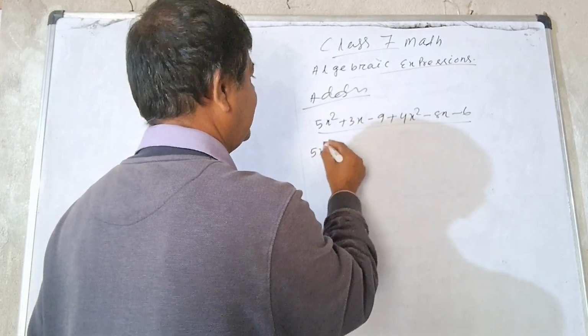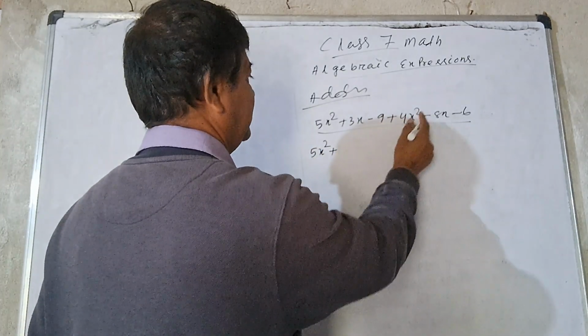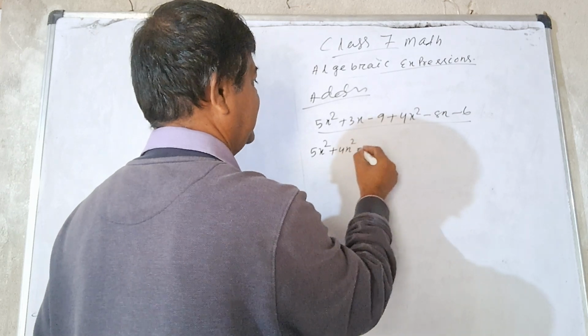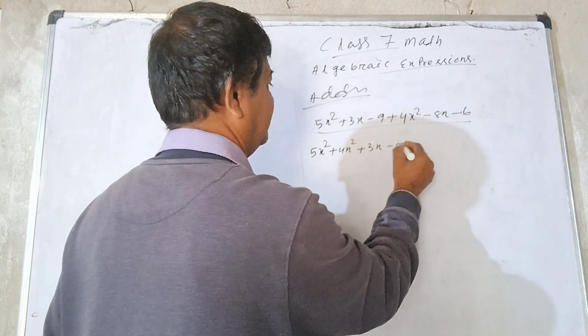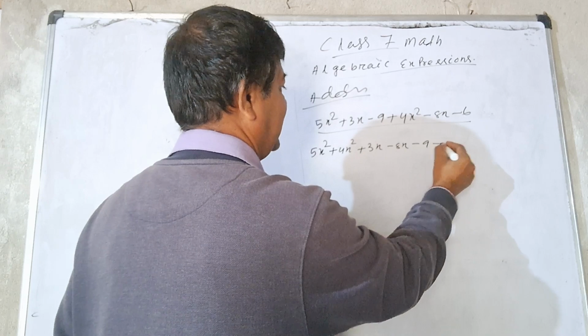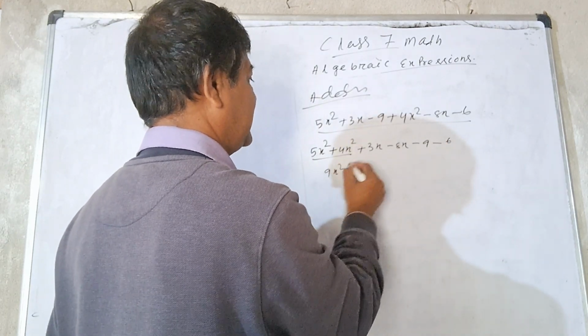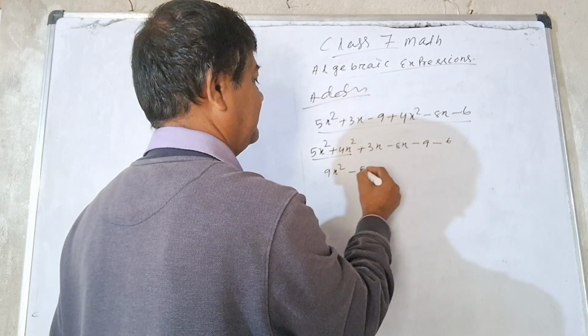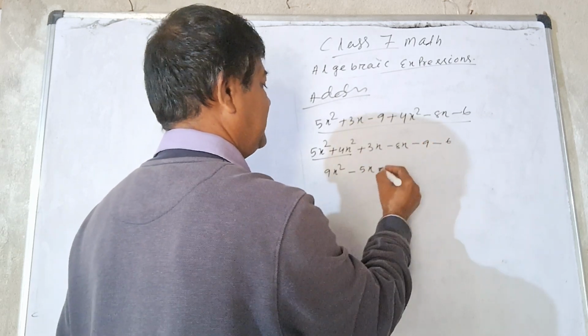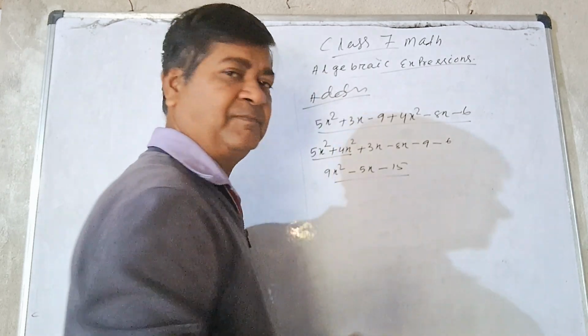Here 5x square and another x square term, 4x square. Now 3x minus 8x. Now minus 9 plus 6. 5x square plus 4x square is 9x square. 3x minus 8x is minus 5x. Minus 9 plus 6 is minus 3. So the answer is 9x square minus 5x minus 3.